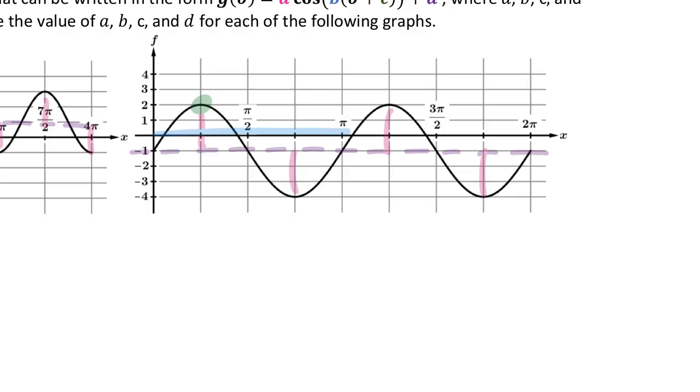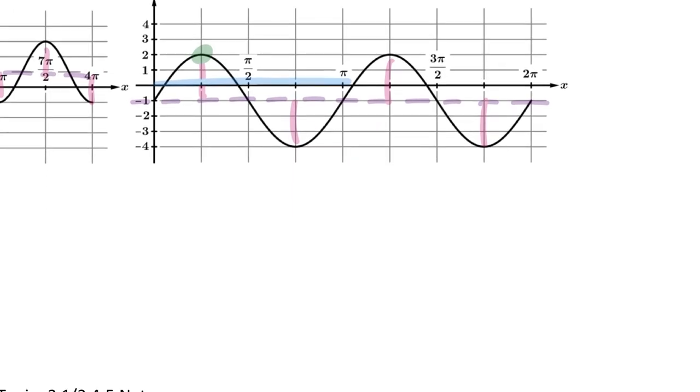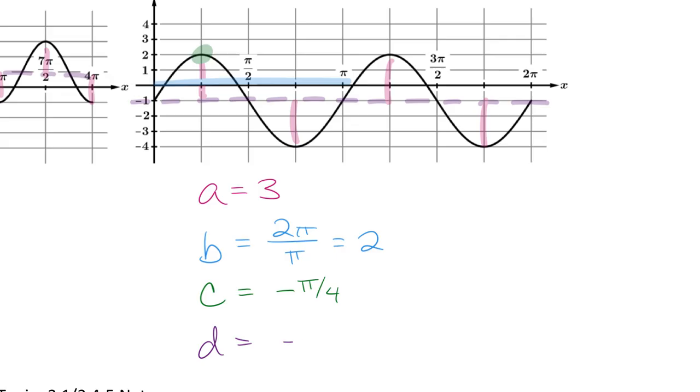I could pick any of the highest points, but I'm going to use that one. This would mean that A is 3, B is 2 pi over pi, which is 2. The C value would be negative pi over 4, and the D value would be -1.